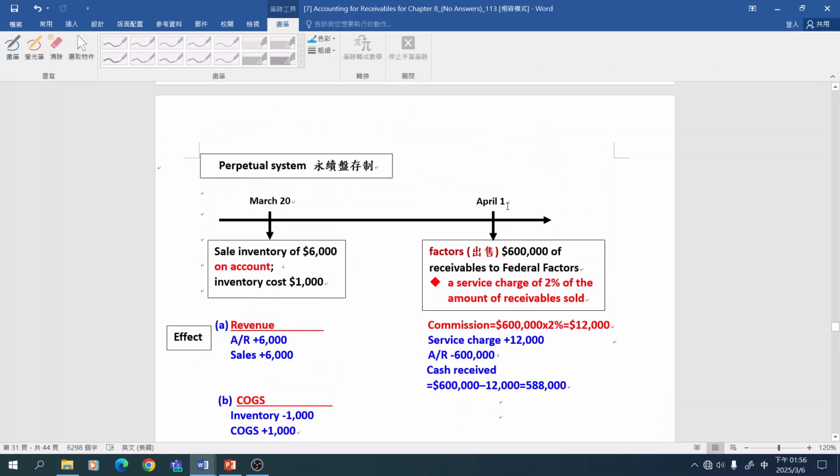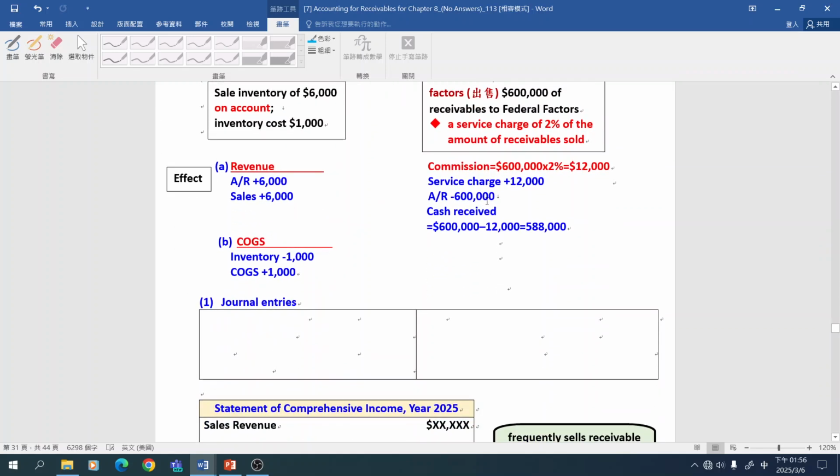Remember which method we use? Perpetual. So what does it mean? We are hard workers. So when you sell the products, we record two things. First is what? Revenue. Second is what? Expenses, cost of goods sold.